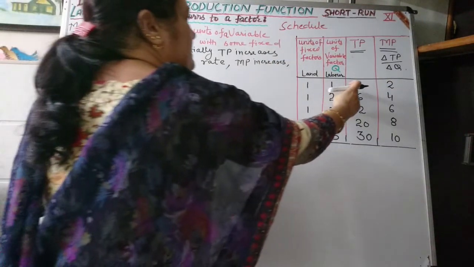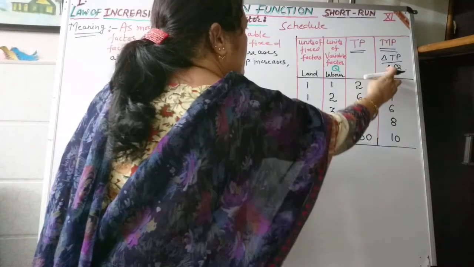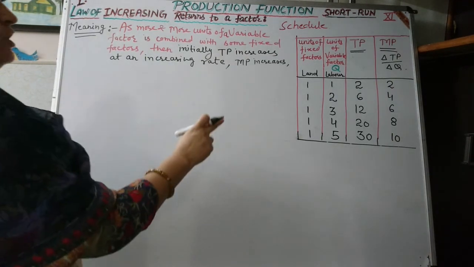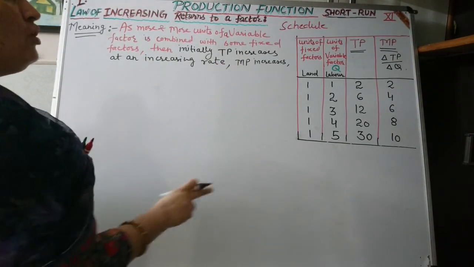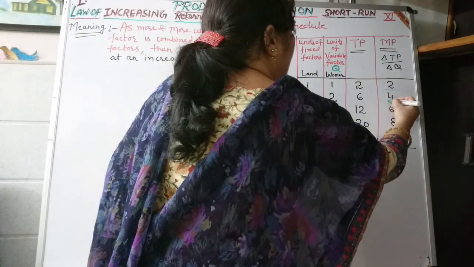So TP increases at an increasing rate, and MP is 2, 4, 6, 8, 10, because marginal production denotes the change in total production. What is the speed of change of total production? That is represented by marginal production.